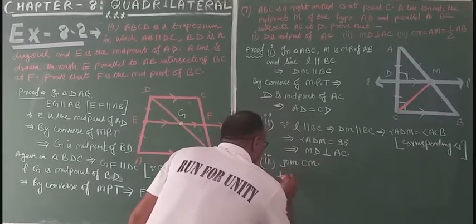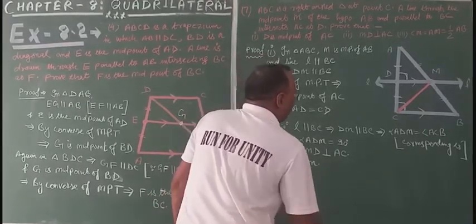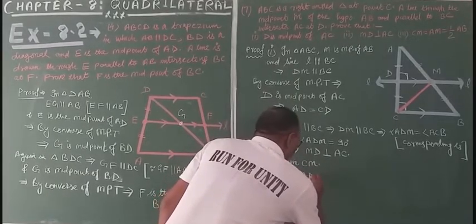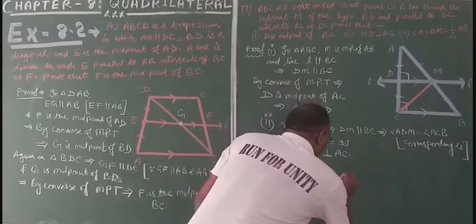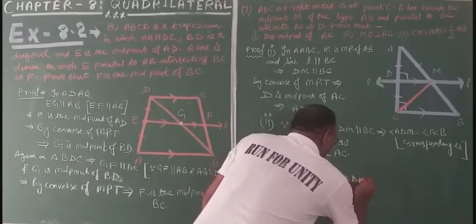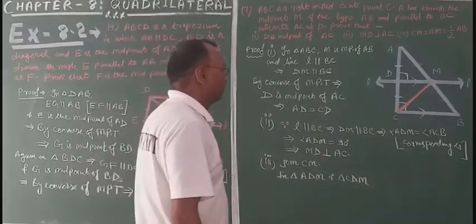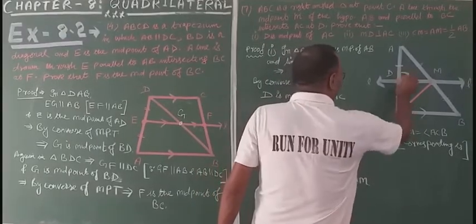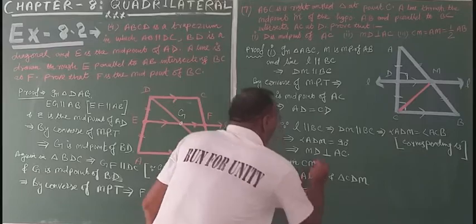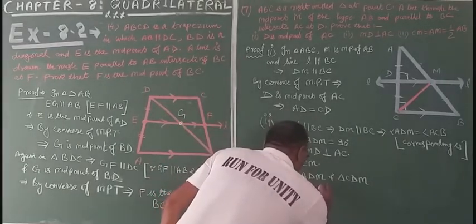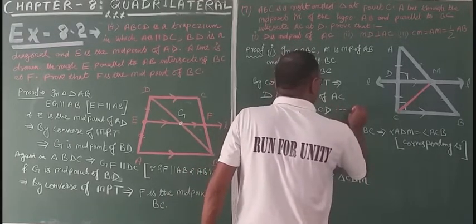Now in triangles ADM and CDM, AD is equal to CD, already proved. Let this be equation A.